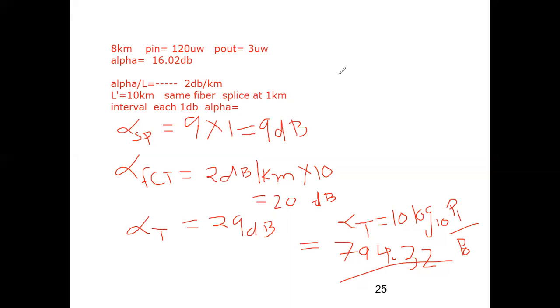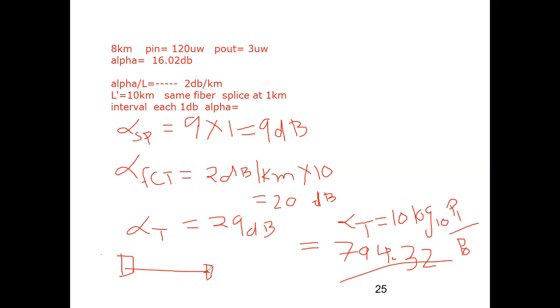We just had the same simple formula: attenuation is 10 log 10 P in upon P out. They can also give other situations, like connector loss. Here I drew the transmitter and receiver. Even if the loss is not given, whenever the source or the detector is connected to the fiber, it is connected using a connector.